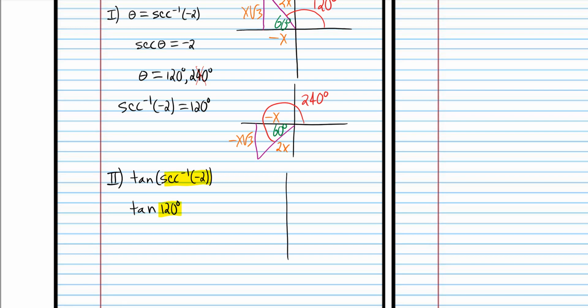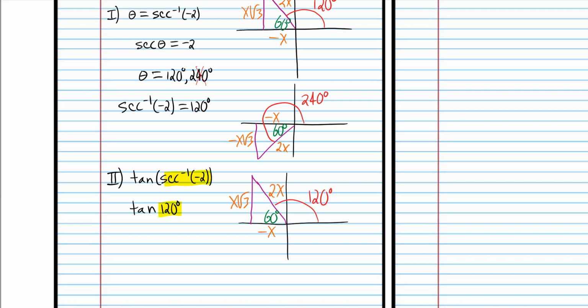So let's draw a triangle. 120 would be about there. And the reference angle is whatever 180 minus 120 is. That's going to be 60. And the side opposite 60 in a right triangle is going to be x root 3.